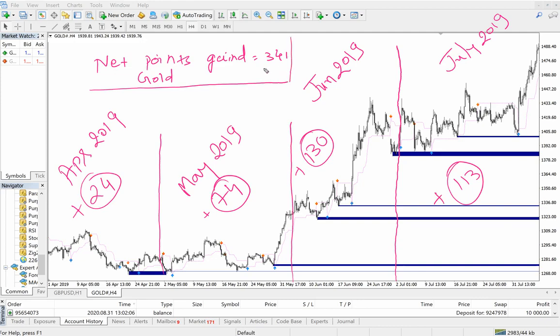So if you trade with just one lot, which is 100 US dollar profit or loss with one lot and with 1 point, then with this 341 points you could gain 34,100 US dollar profit, which is over the capital of 2,500.